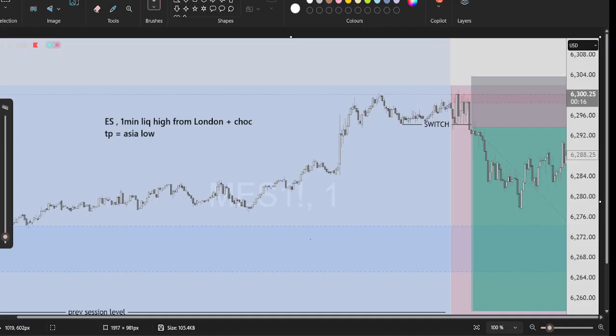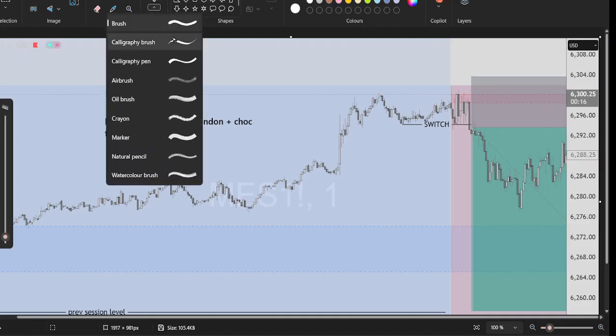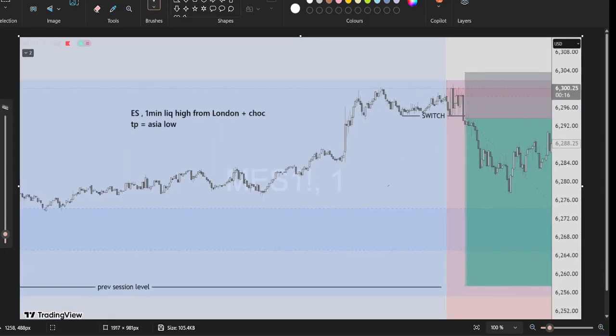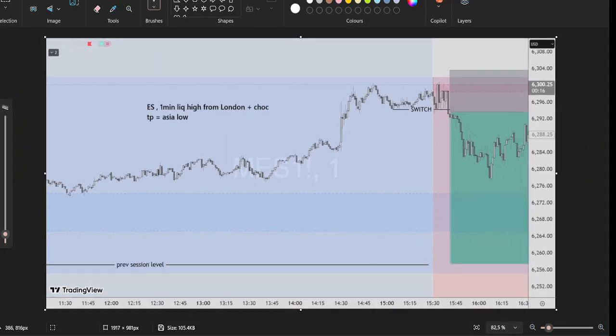Same principle, all right? We are on MES or ES, right? This is pretty cool. All right, so we have the London previous session level here.